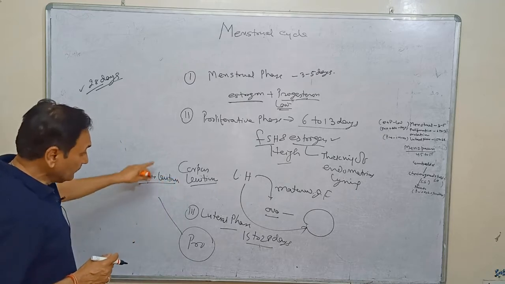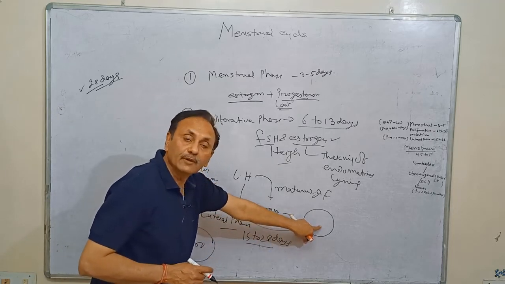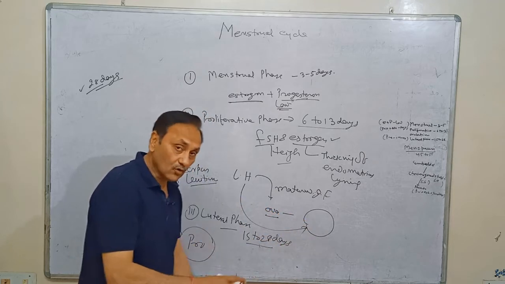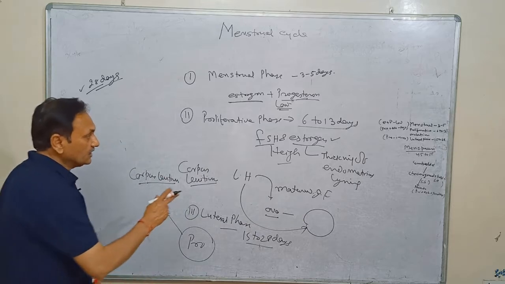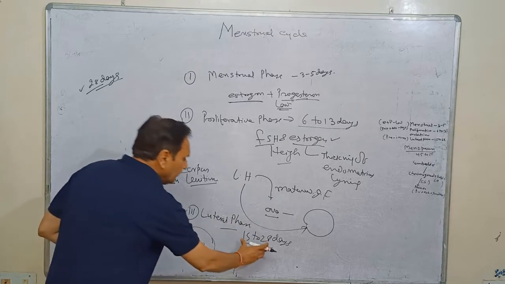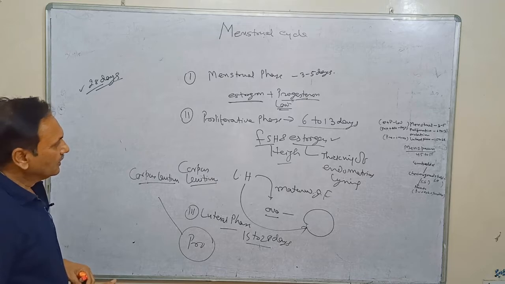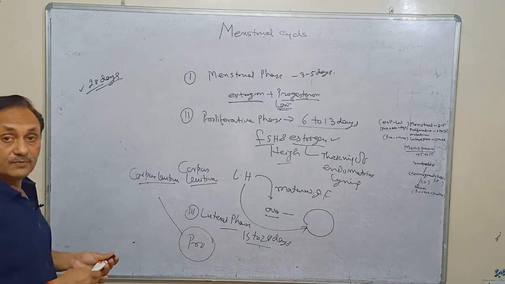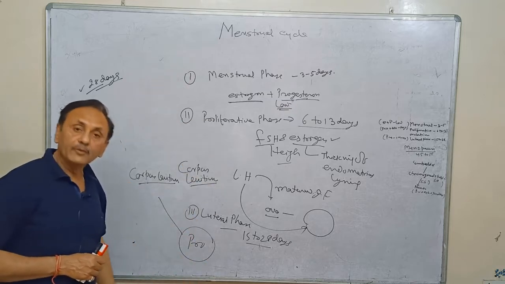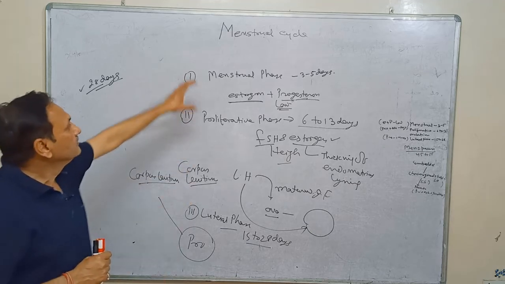This corpus luteum is formed by the action of LH on the remaining part of the matured Graafian follicle after ovulation. Whenever in this period the ova does not come in contact with the endometrial lining in zygote or embryonic form, then this phase will start.